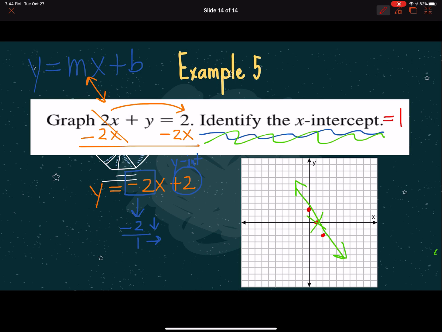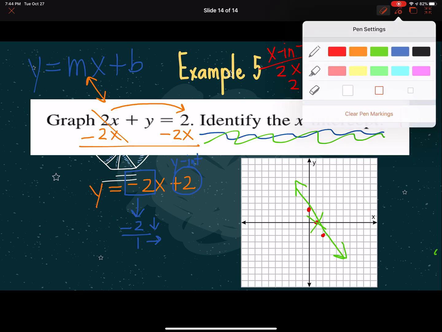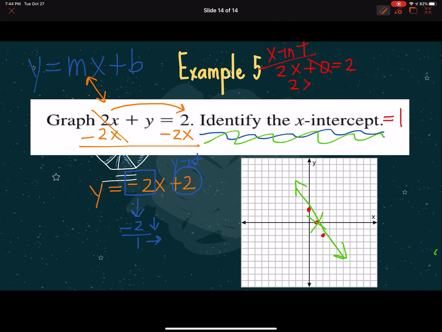Now, if you'll recall, I said we could also solve this by finding our x-intercept and our y-intercept. So if I'm finding the x-intercept, I'm going to replace my y with 0 and I'm going to solve this. So 2x equals 2.